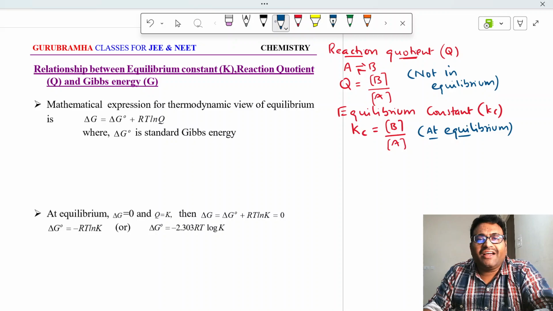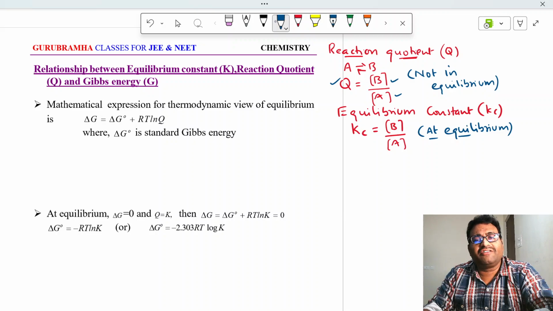In K, B and A are the equilibrium concentrations of product and reactant. Here when you are writing Q, this B and A are not the equilibrium concentrations. That's the difference between Q and K. Understood? Though you represent it in a similar way, there is a difference.